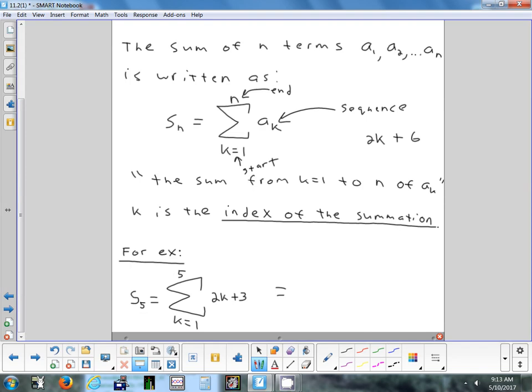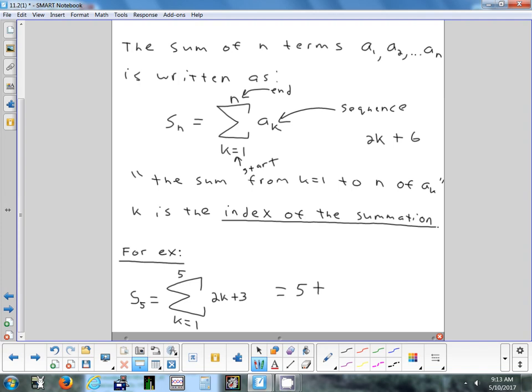If I wanted to do this out, what I would have to do is plug in every number from 1 to 5. By every number, I mean 1, 2, 3, 4, 5, into this formula, and calculate each result and then add them up. So if I plugged in 1, what's 2 times 1? 2 plus 3, 5. That's the first term in this sequence.